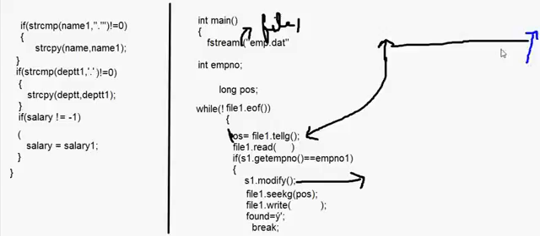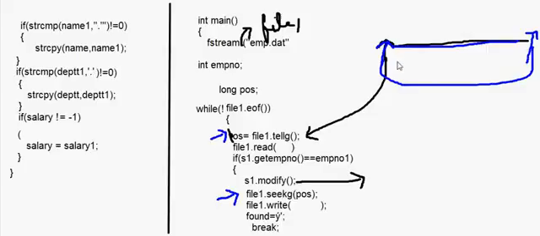Now when I want to modify the file, if I keep the cursor at this position itself, then it will modify the next record, but I want to modify this record only, right? So we have to take the cursor back to this position. The position is already stored in the variable pos, right? So when we say file1.seekg(pos), this comes back to this place, and when you do the write operation, the write operation will rewrite this record, right?